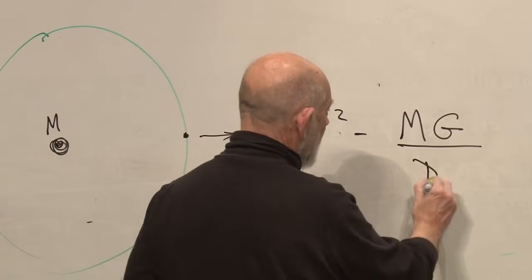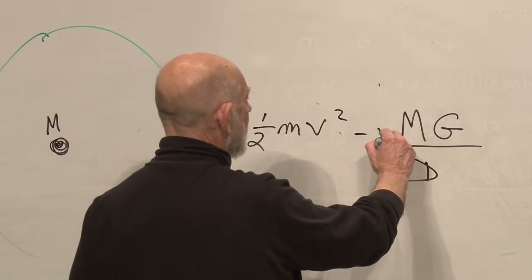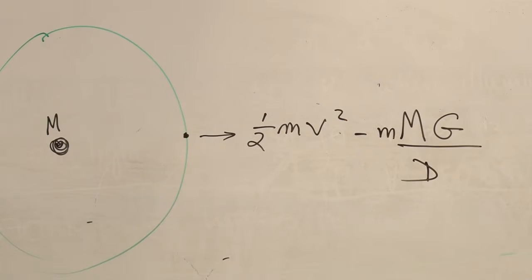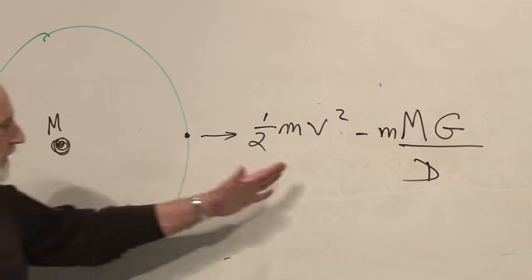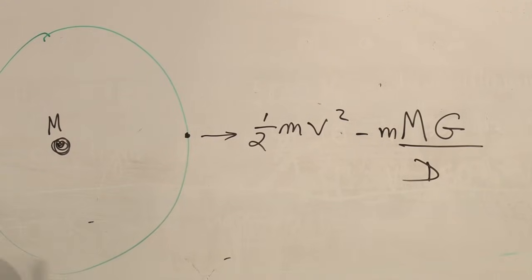Let's call the distance d, as we did last time. Oops, I missed something, didn't I? Another factor of little m, right? Product of the masses, Newton's constant, distance between them. That's the energy of this particle moving out.